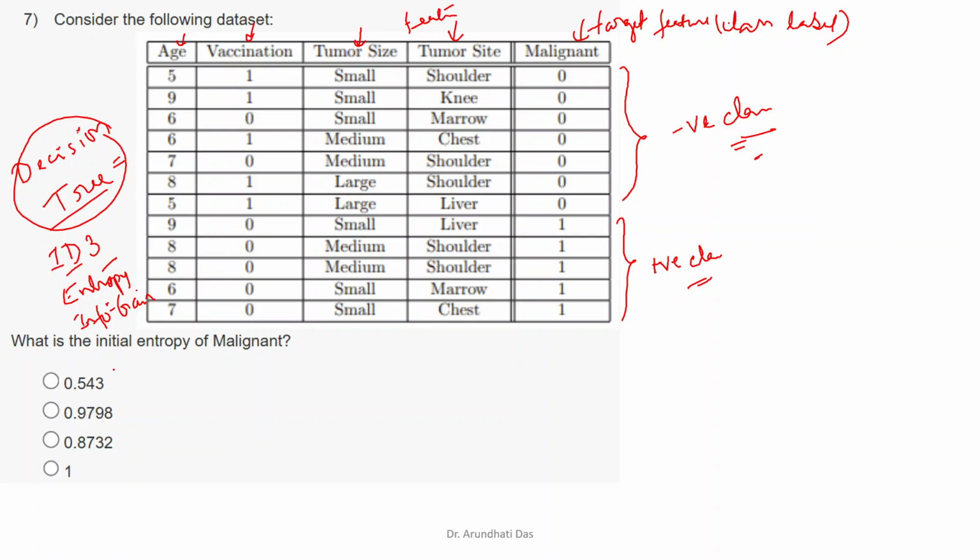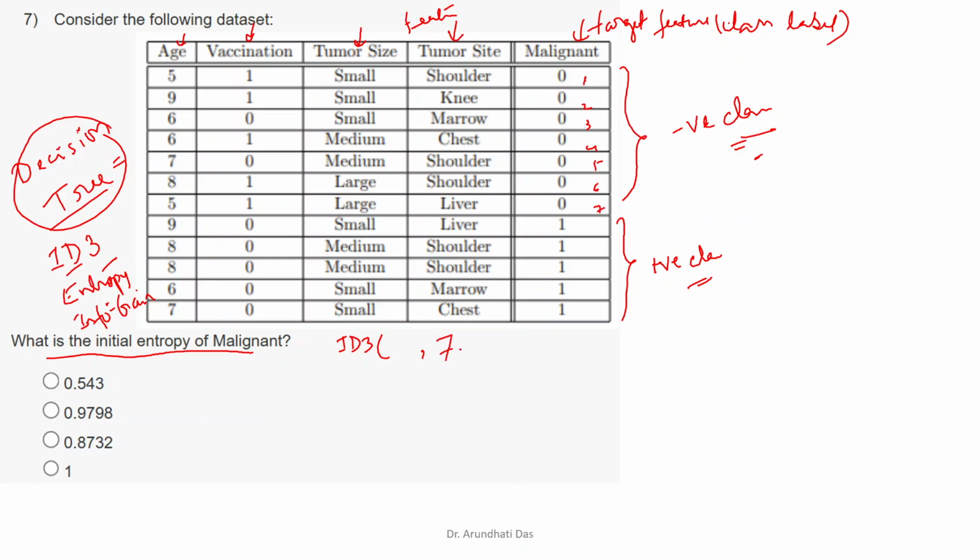Okay, the question in question number 7 is what is the initial entropy of malignant. Now to calculate entropy we have this equation. In this ID3 algorithm, how many negative classes does it have? It has 7 negative classes: 1 2 3 4 5 6 7.